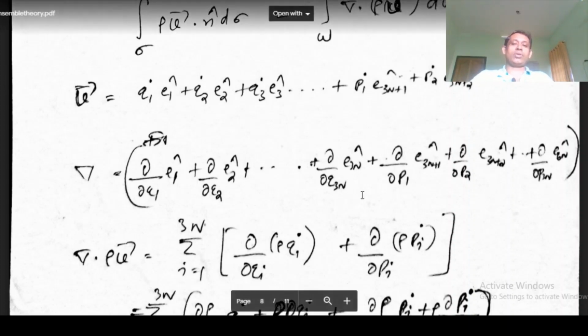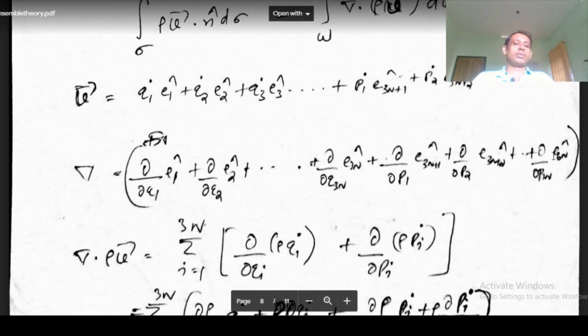So 3n components. The next 3n components: ∂/∂p1 unit vector, ∂/∂p2 unit vector, and the final one, ∂/∂p3n, the unit vector. So this is del and this is v, and I have to find del dot ρv.